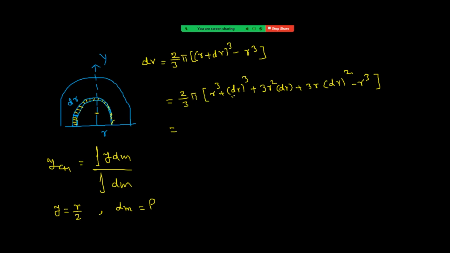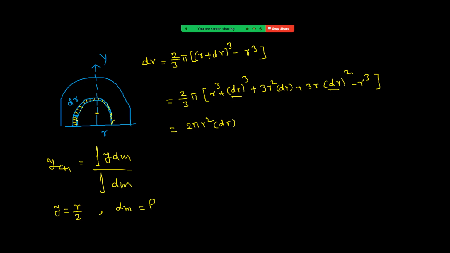Here dr cube and dr square are very small, we can neglect those two. The remaining r cube gets cancelled. What is left here? 3r square dr, and 3 gets cancelled. Remaining is 2 pi r square dr.